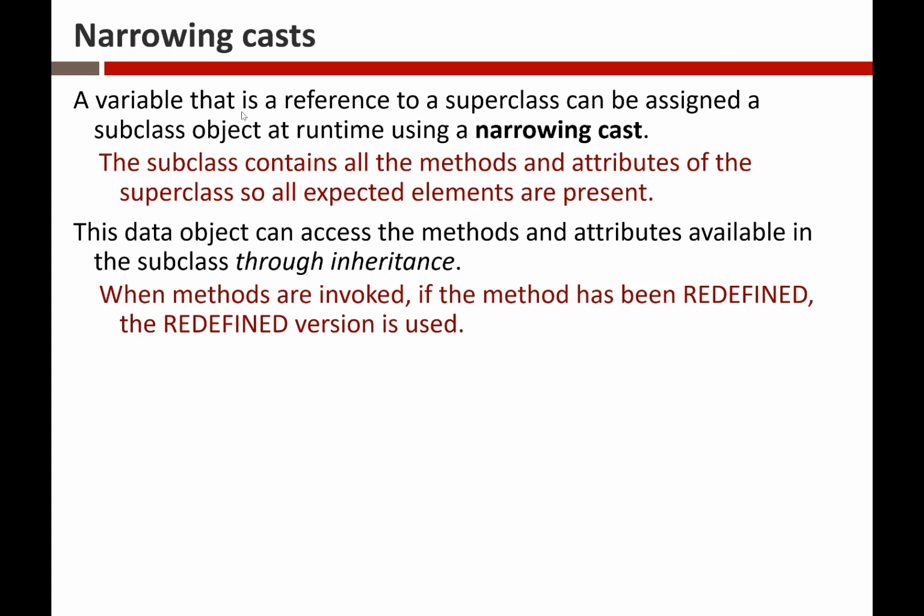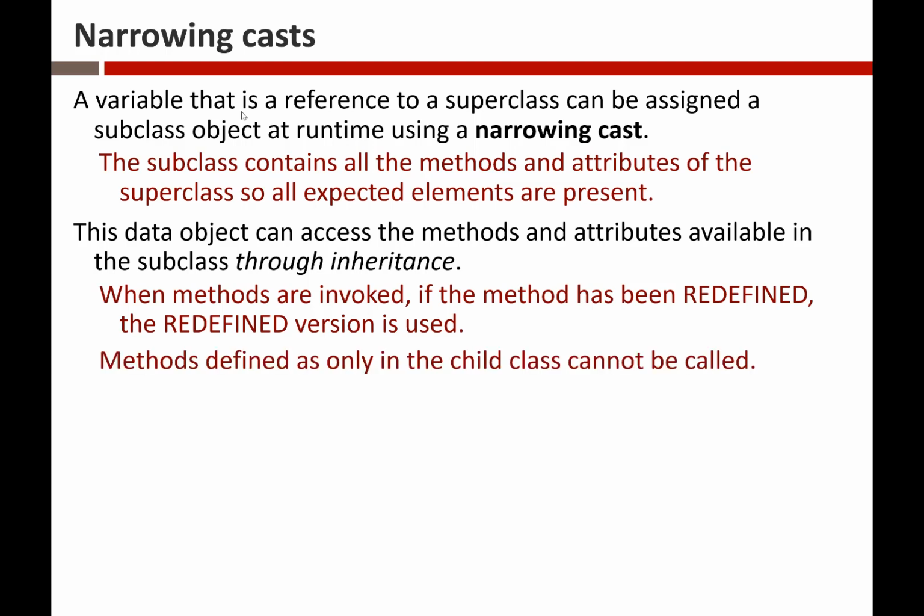When I put a child object in a parent box and call the method, I can only call the methods that the parent knows about, but when I do call those methods, if the method has been redefined by the child, I get the redefined version.